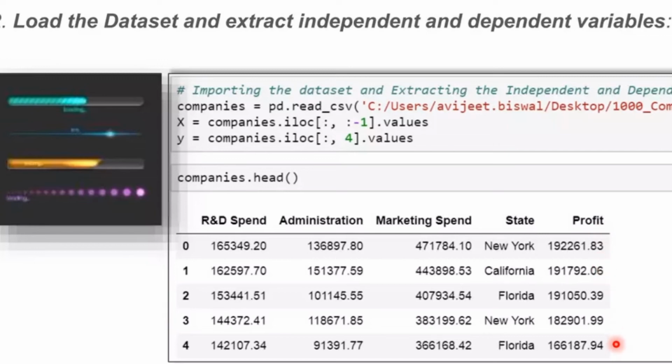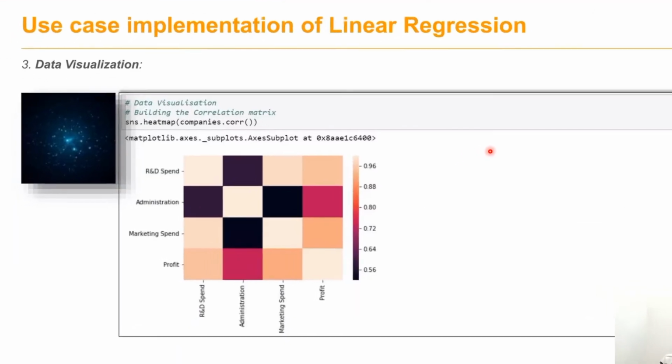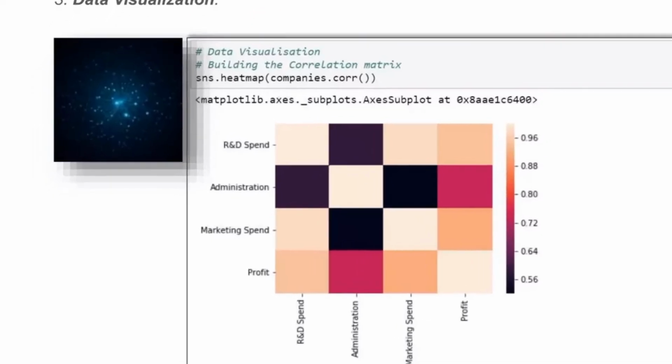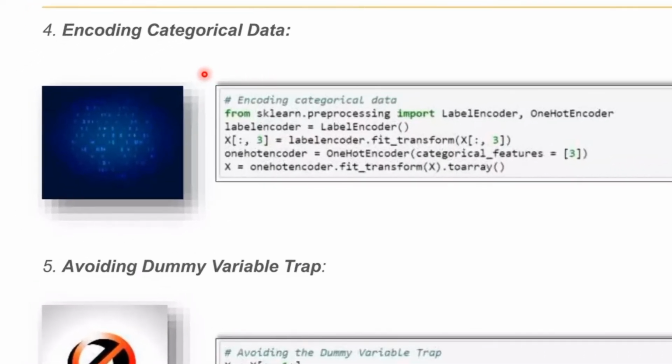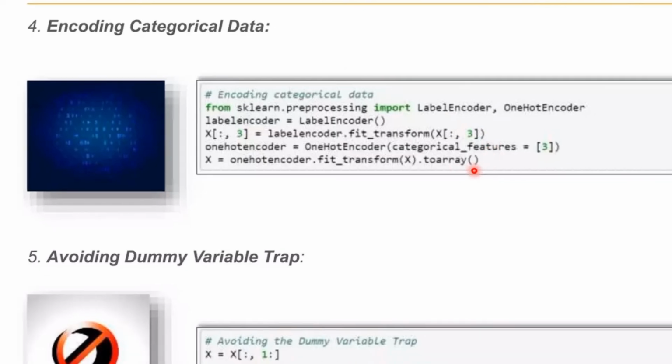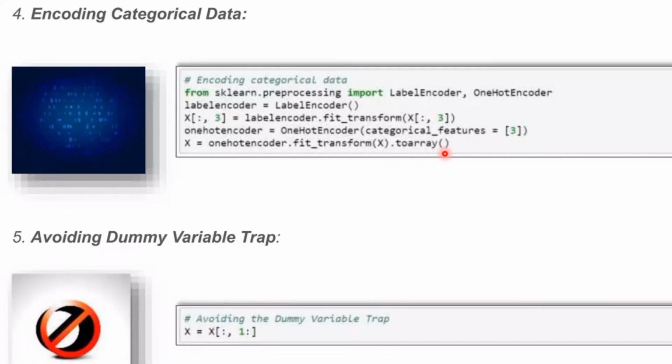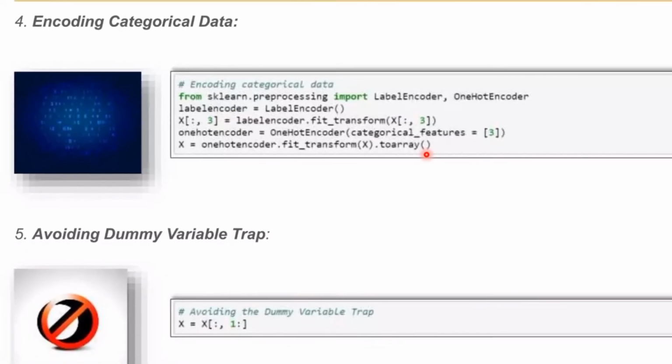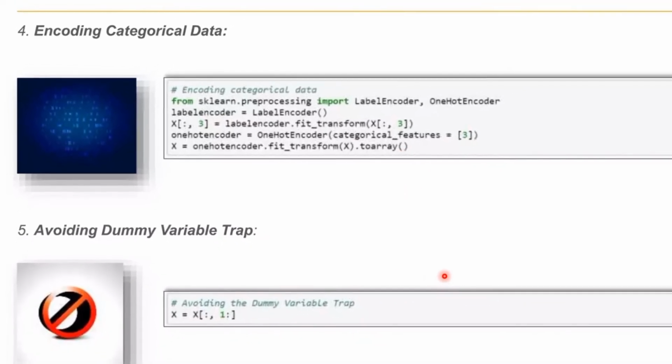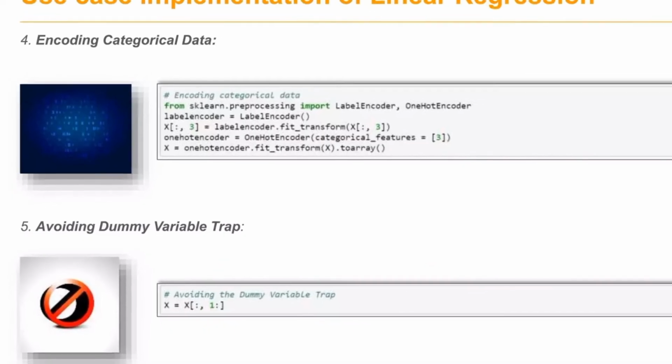The third step is data visualization, which gives a clear graphical representation of the data we obtained. The fourth is encoding, categorizing the data. Here we encode the data obtained. The fifth step helps to avoid the dummy variable trap.